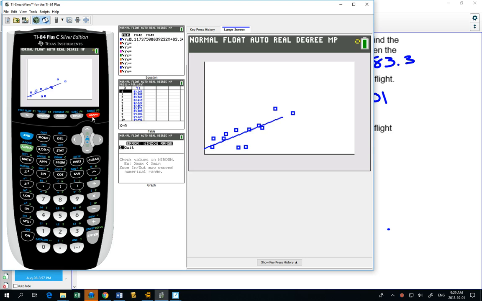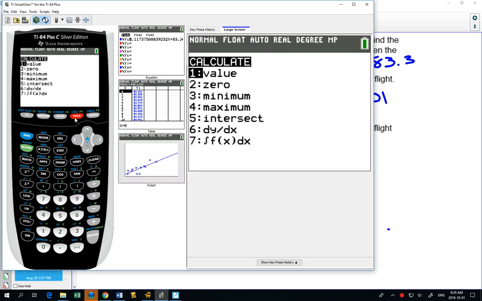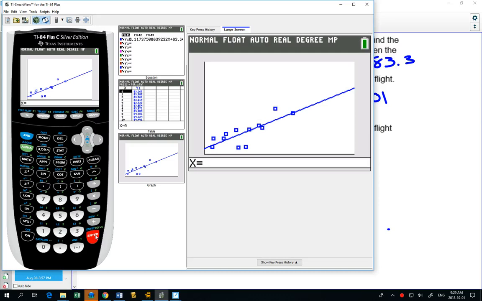Looking at my new graph, now my graph goes beyond my data points, and if I try to calculate a value number 1 at 2,000, now it's in my window and it's able to find it for me. And it's estimating it at $318.